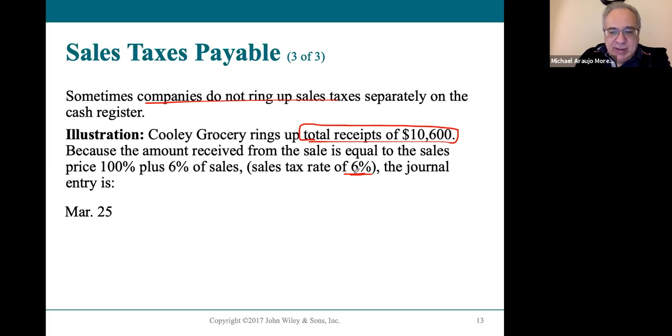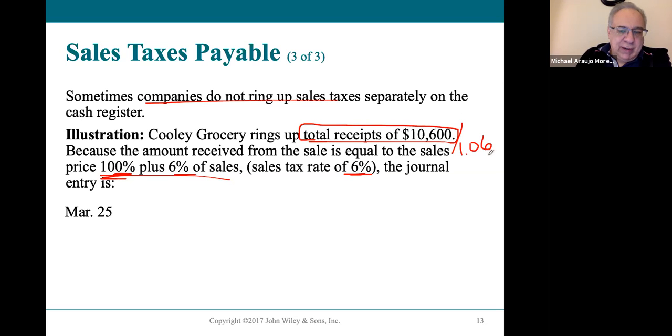They will give you the sales tax, 6%. So what we do is we take the $10,600, and we'll simply divide that by 1.06, which is 106% of that amount. 100% is going to be the revenue. 6% is going to be the tax.